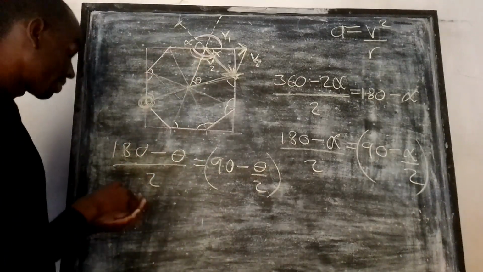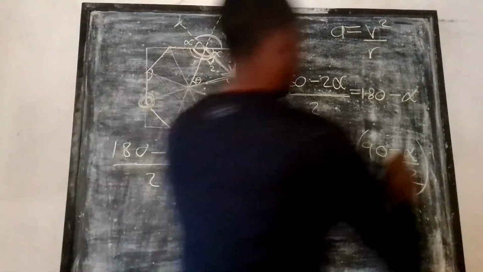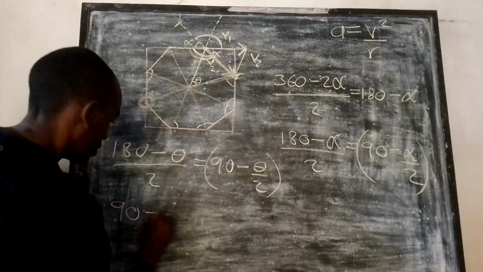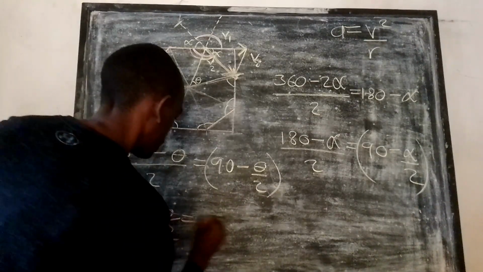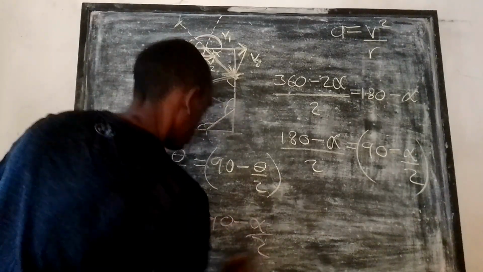So what we have in this case is this being equal to this. So we've got 90 minus theta over 2 being equal to what? 90 minus alpha over 2.